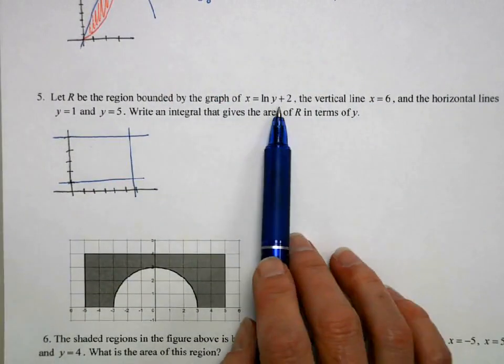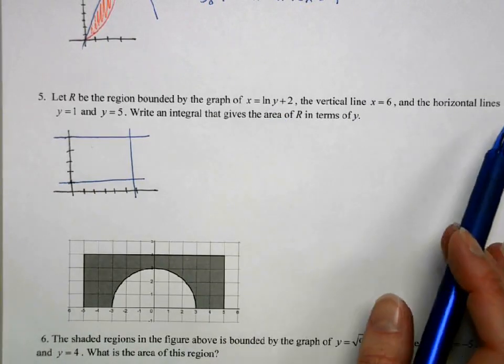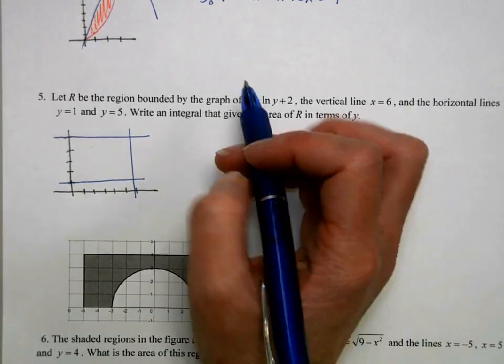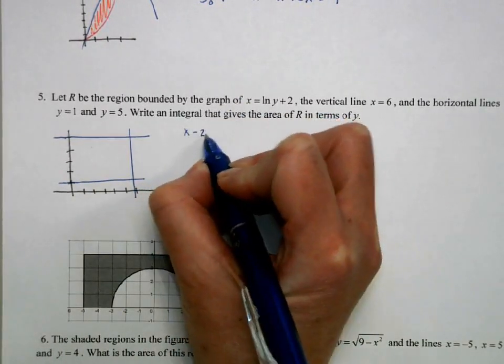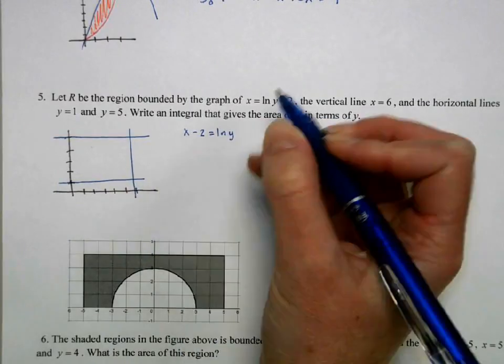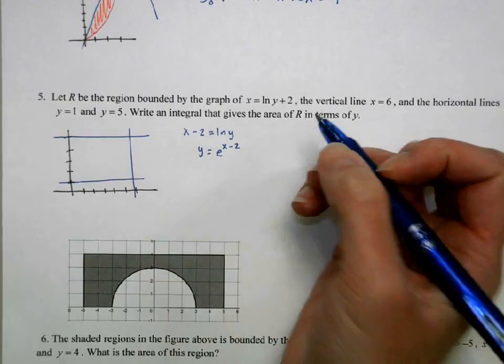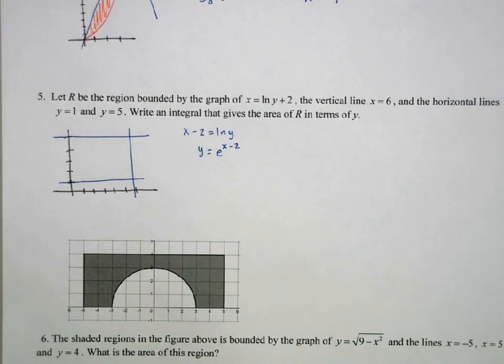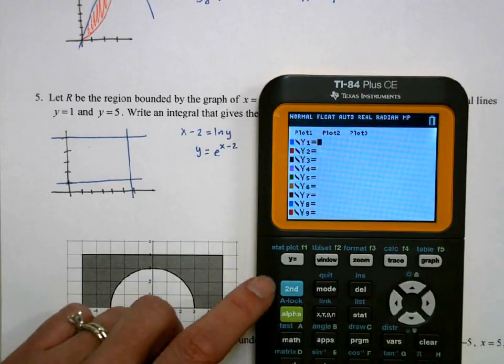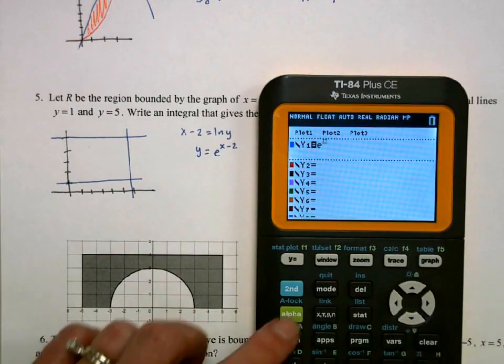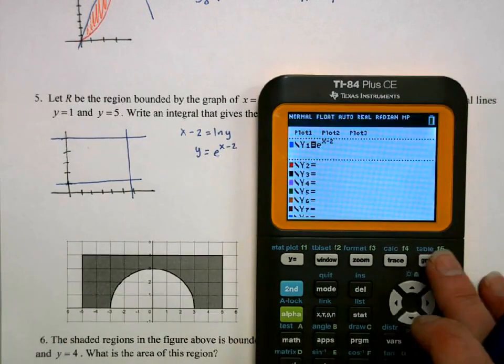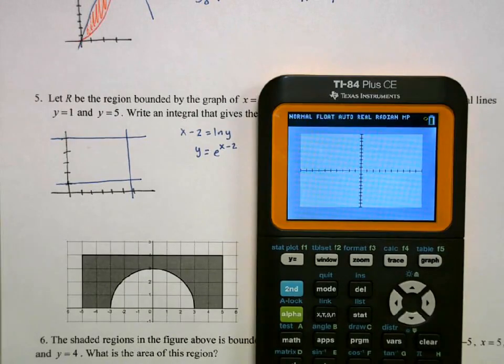So if I solve that, x minus 2 equals natural log of y, that means y is going to be e to the x minus 2. So if I graph that, it looks something like that.